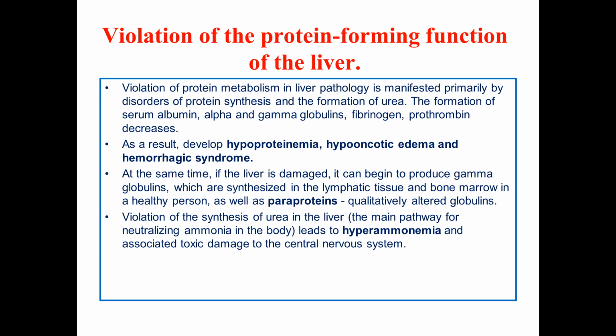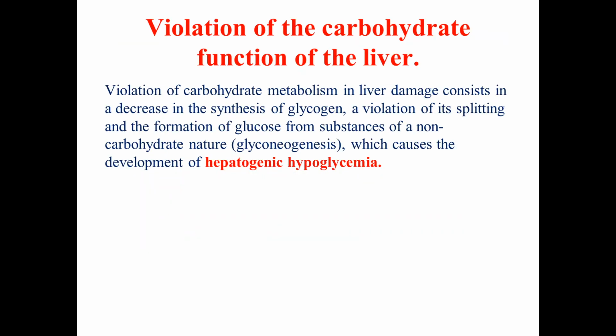At the same time, if the liver is damaged, it can begin to produce gamma globulins, which in a healthy person are synthesized in lymphatic tissue and bone marrow, as well as paraproteins, qualitatively altered globulins. Violation of urea synthesis in the liver, the main pathway for neutralizing ammonia in the body, leads to hyperammonemia and associated toxic damage to the central nervous system.